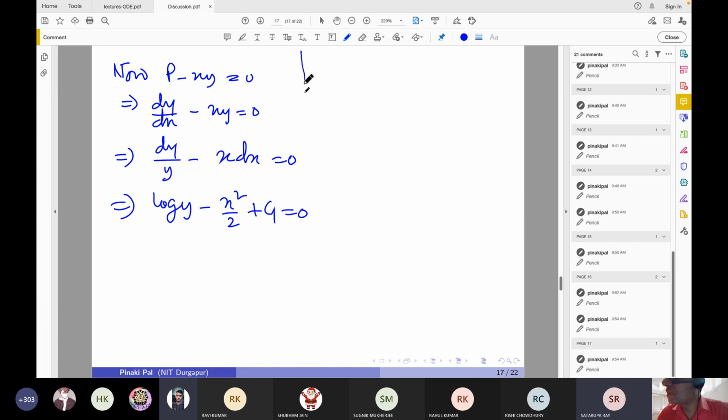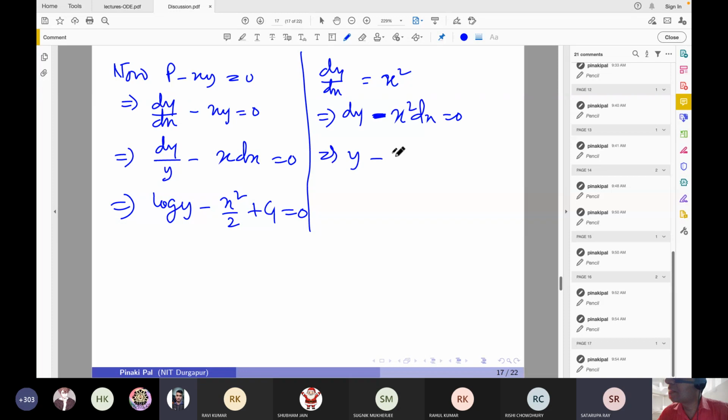And next, let us consider dy/dx equal to x square, the second factor. So dy minus x square dx equal to 0. On integration, we get y minus x cube by 3 plus c2 equal to 0, and the third factor will give us dy/dx plus y square equal to 0. x cube by 3, yeah, x cube by 3. Correct.